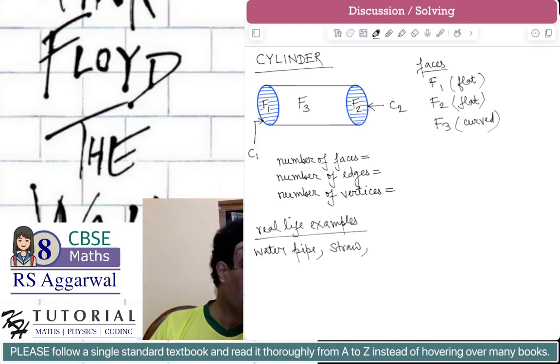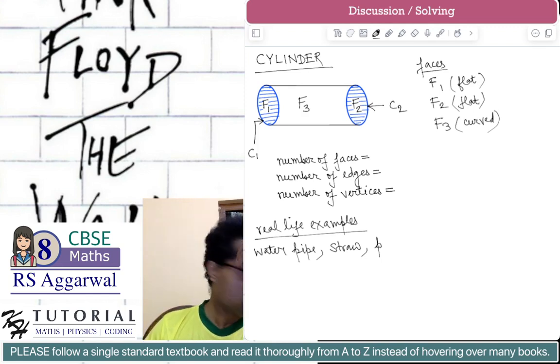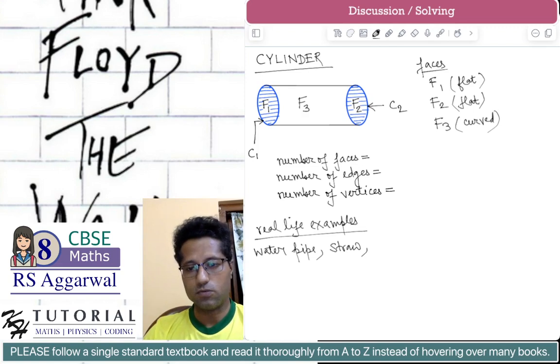Ice cream, not ice cream cone. Circular pillars.